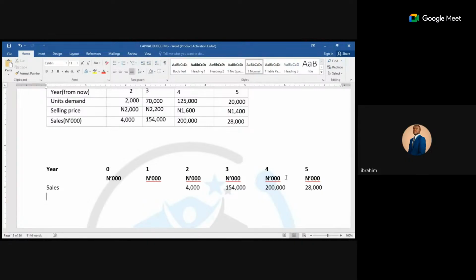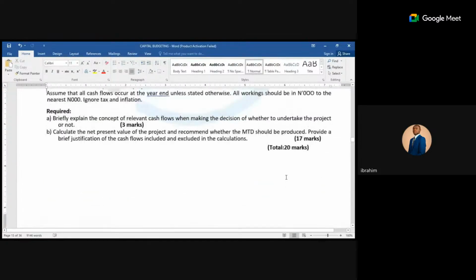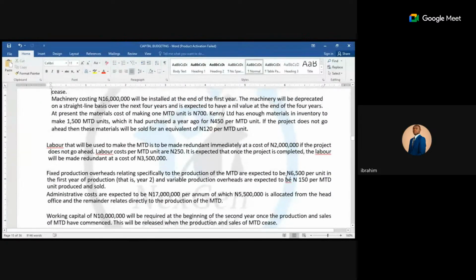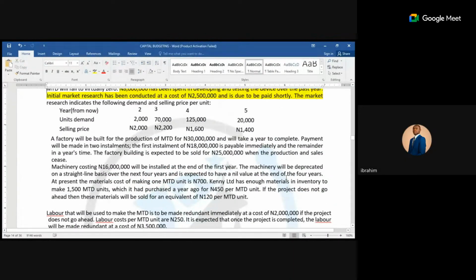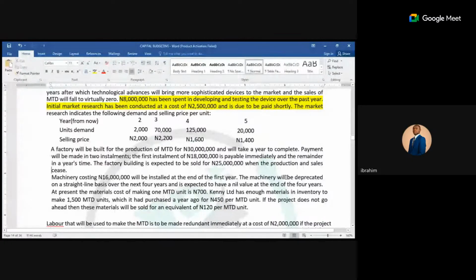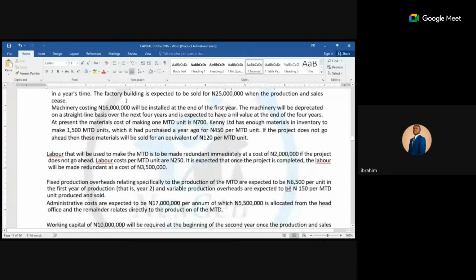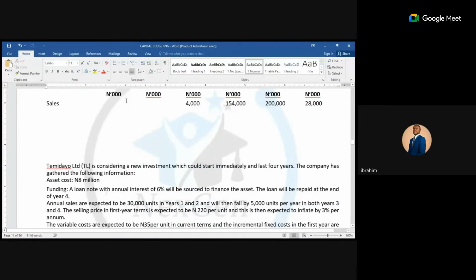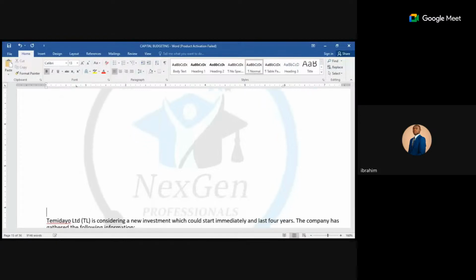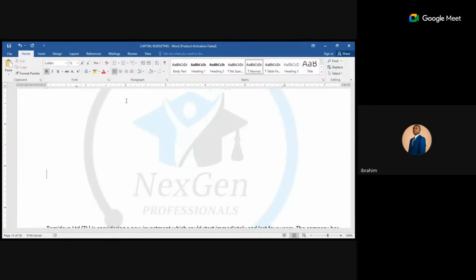Right. So we move to the variable cost. Let's quickly move to the part of the cost. Let's forget the year 0 part of all this. Let's move to the material. Now, please, you have to create a page where you will put this part, the development and testing, probably at the end of the class. Maybe at the end of this, you can just say notes, and notes 1.